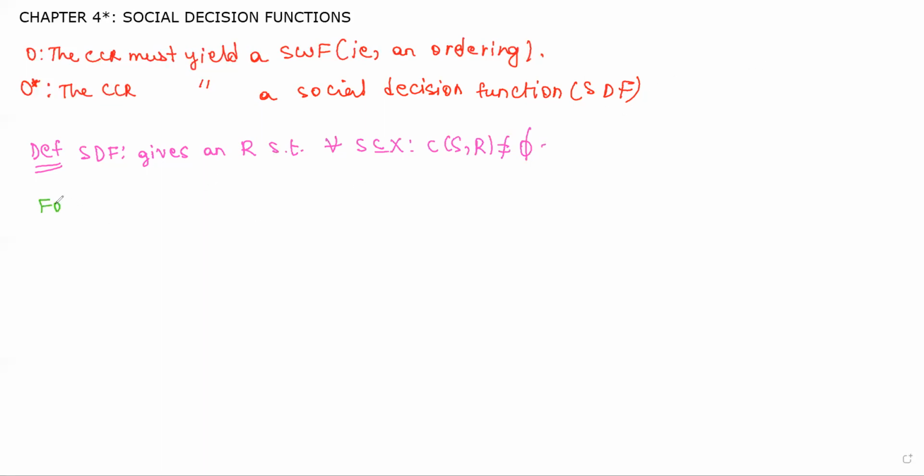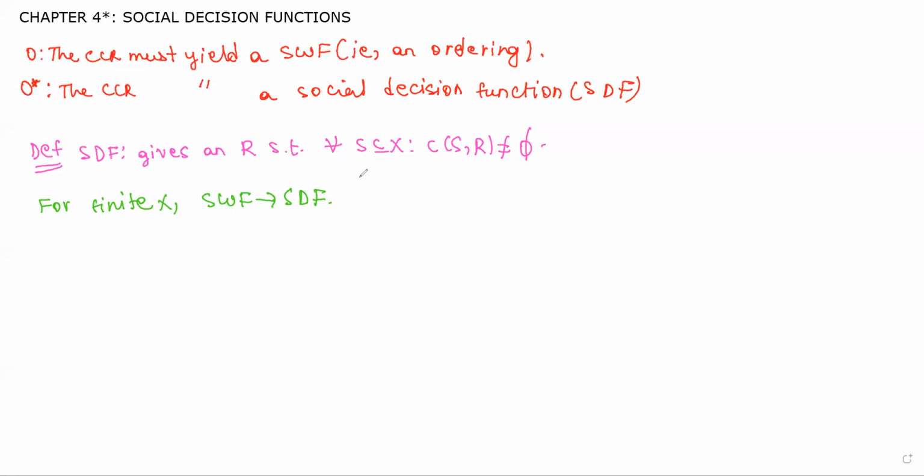Now, for finite X, a social welfare function implies a social decision function. Why is it so? Because an ordering over a finite set X means that the choice function over the subsets is always going to give you a result.